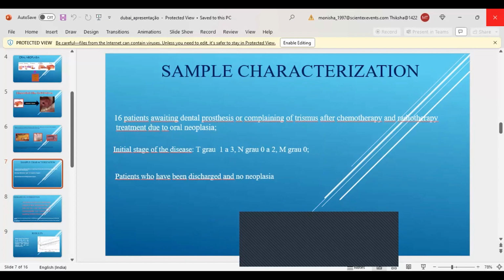Sample characterization: 16 patients awaiting dental prosthesis or complaining of trismus after chemotherapy and radiotherapy treatment due to oral neoplasia. Initial stage of disease E1, 2, 3, and 0 to 2, and only 0. Patients who have been discharged and have no neoplasia.